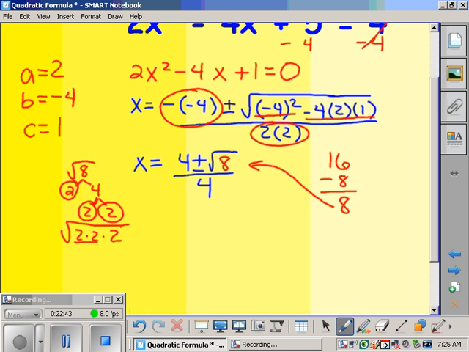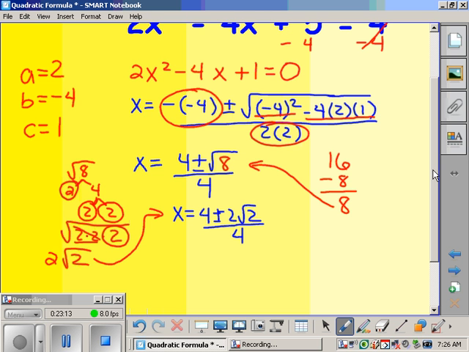For each pair of the same number I have, I take one to the outside and the other one is gone, because I'm really just doing the square root of 4. Anything left over that's not part of a pair stays under the radical. So 2 radical 2 is what I'm going to replace the radical 8 with. So I've got x equals 4 plus or minus 2 radical 2.